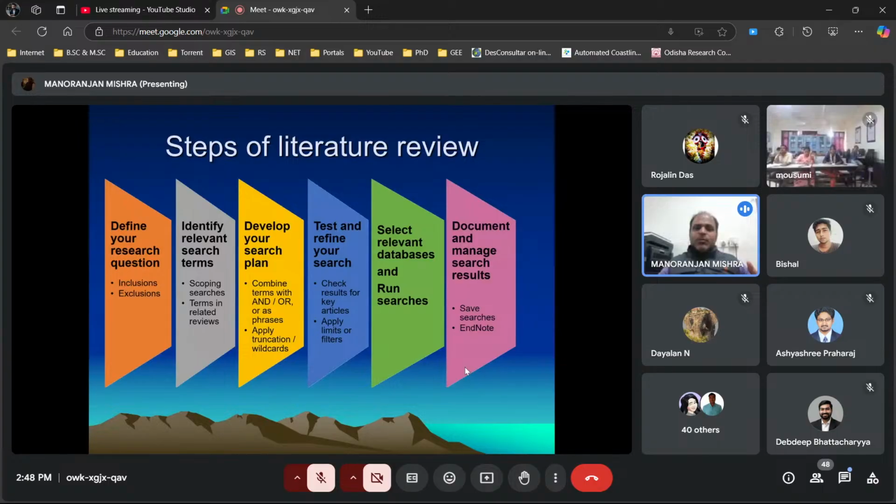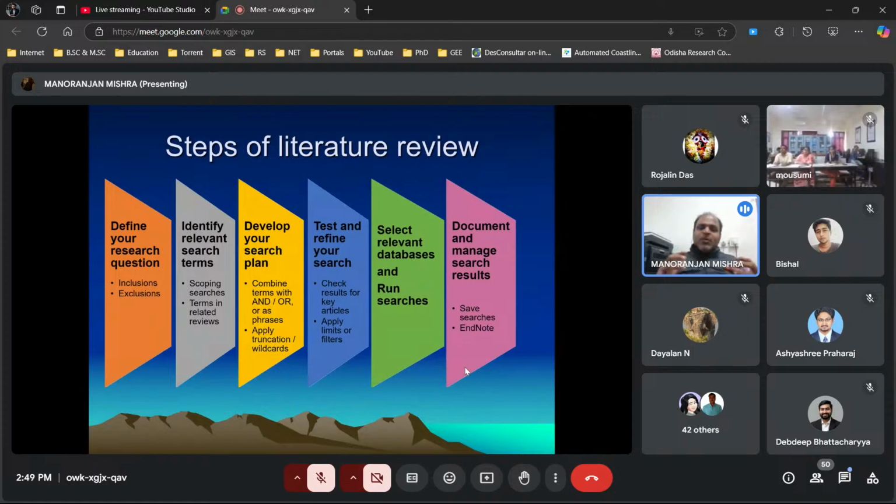When you type these keywords, they do a similarity test in the databases and return relevant articles. So the more accurate and relevant the keywords or search query you develop, the more relevant articles you get, or the fewer records you get. So in the filtration process, you don't require much time.